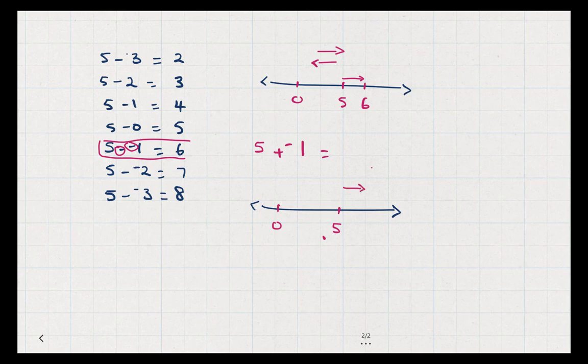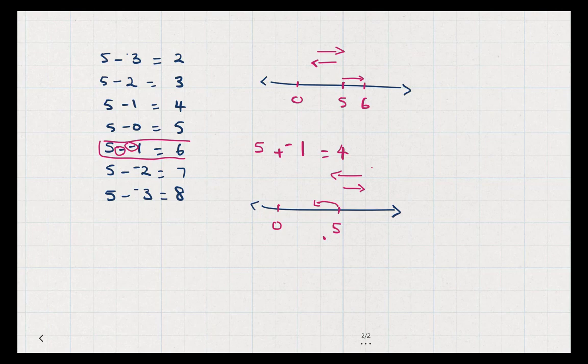Plus tells me go to the right, but straight away I hit a minus, and that means change directions, so that means go to the left. So the final outcome is to move to the left by 1. So that ends up taking me to 4. Number lines are really useful until we become really confident with using directed numbers.